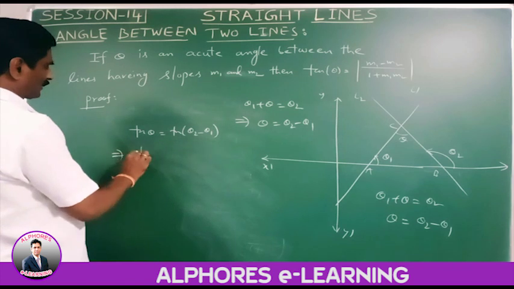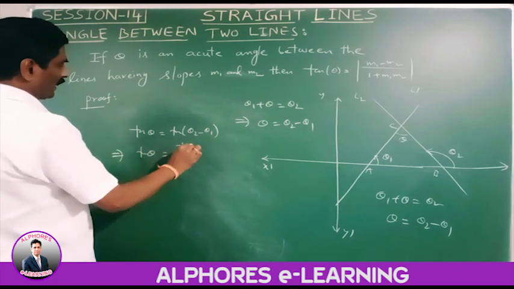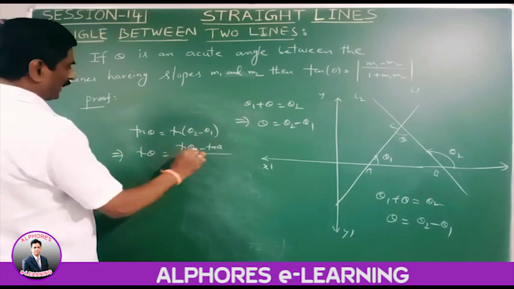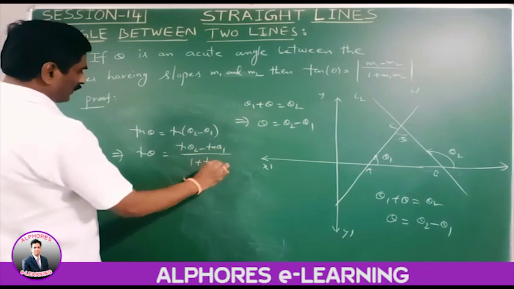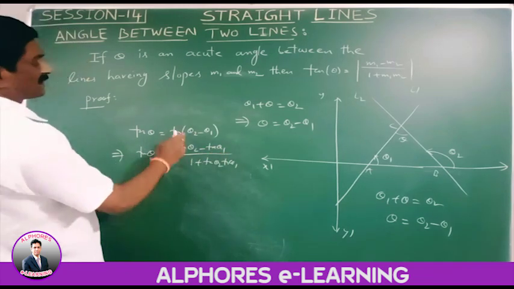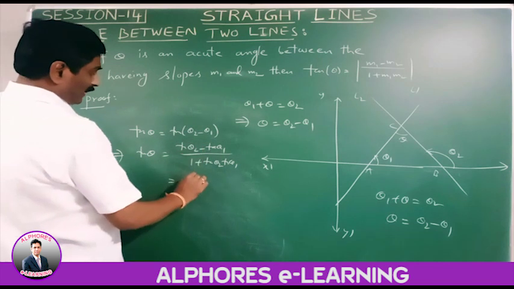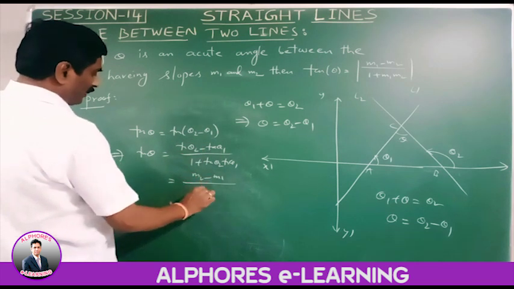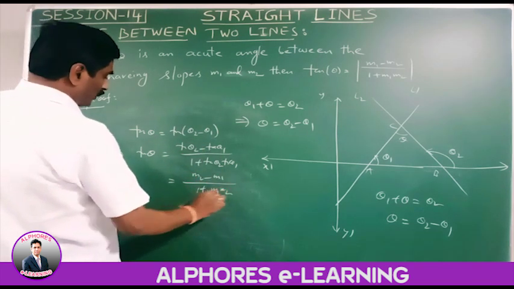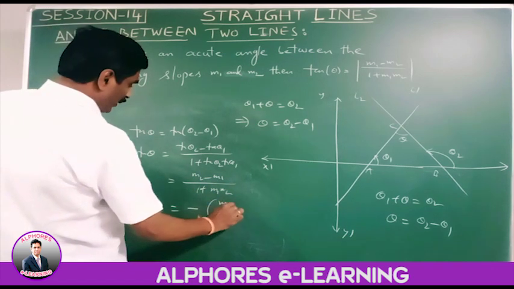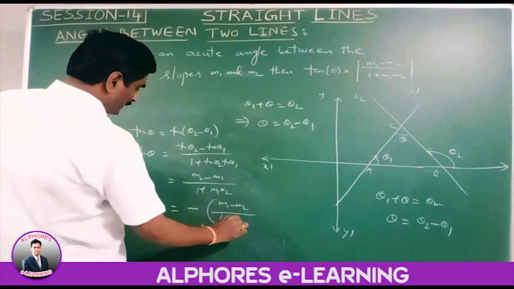That implies tan theta is equal to (tan theta 2 minus tan theta 1) by (1 plus tan theta 2 into tan theta 1). But tan theta 1 is nothing but m1 and tan theta 2 is nothing but m2. So (m2 minus m1) by (1 plus m2 m1). Minus is the common term, so (m1 minus m2) by (1 plus m1 m2).